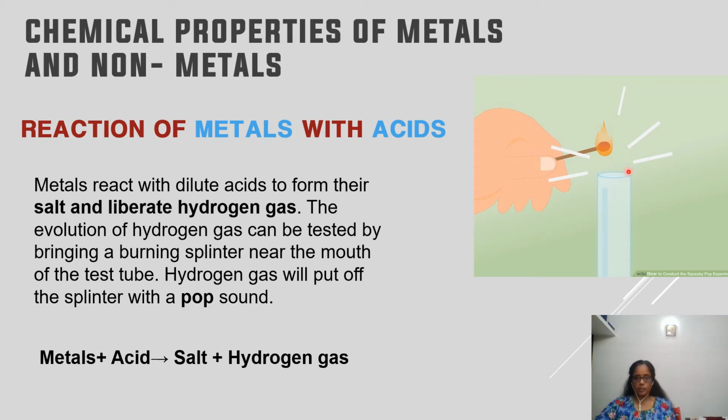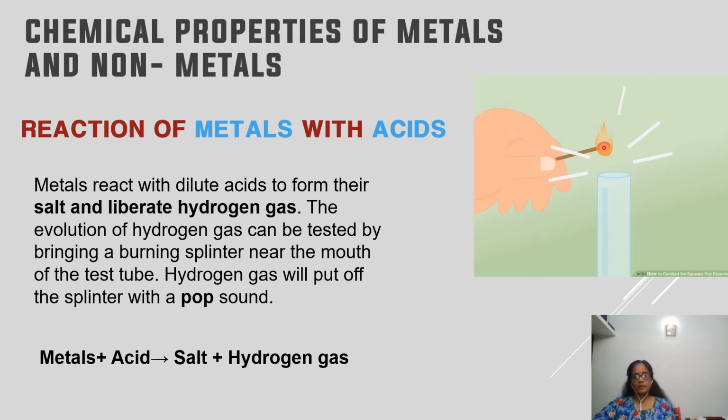At that time, we bring a burning splinter or a burning matchstick near the mouth of this test tube. You can hear a pop sound, and the fire is put off.